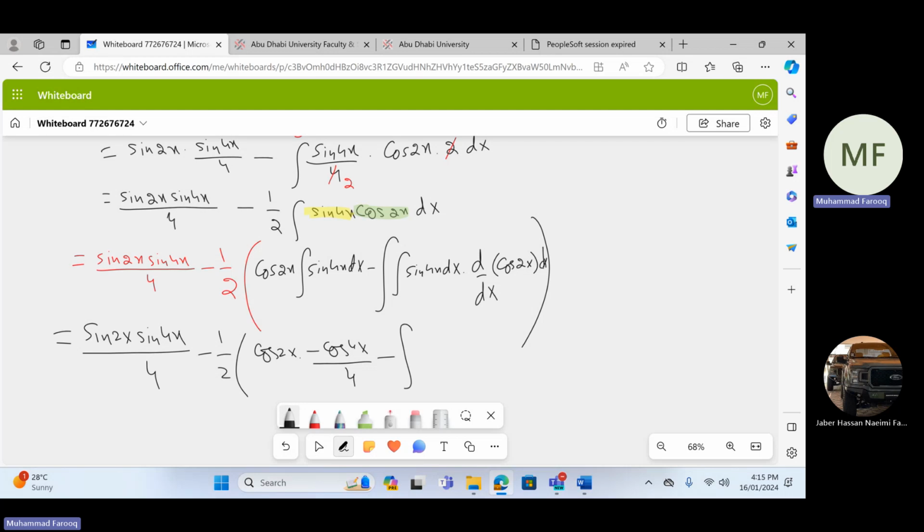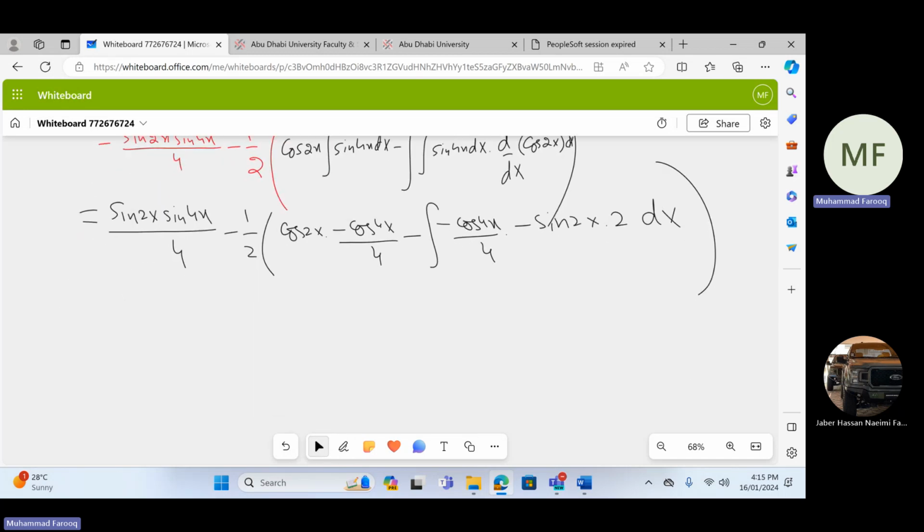Copy the answer: negative cosine 4x divided by 4, times the cosine derivative, which is negative sine 2x, and times 2. I hope you understand how we integrate and differentiate. Sine integration is negative and cosine derivative is negative also. So be careful with these calculations.